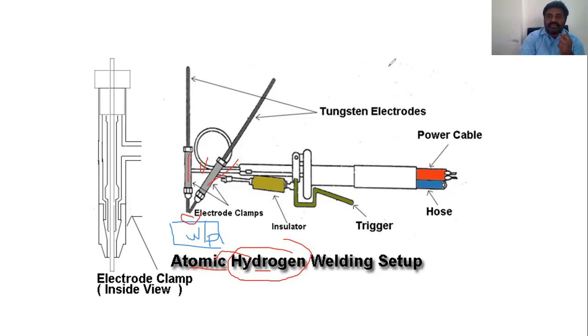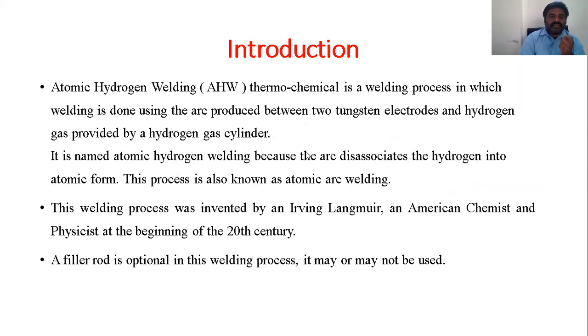So from the slides, atomic hydrogen welding is a thermochemical welding process in which an arc is produced between two tungsten electrodes, which are non-consumable electrodes, and hydrogen gas is provided by a hydrogen gas cylinder.